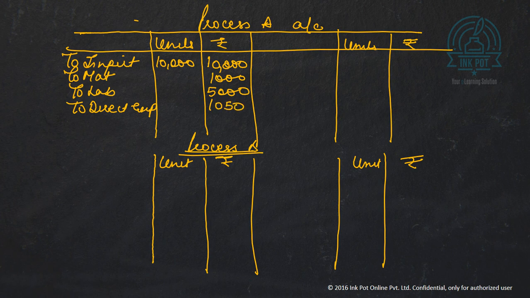Now we are given that we have normal wastage or normal loss, and the output of this process will be transferred to process B, right? So let's check how much was the output.